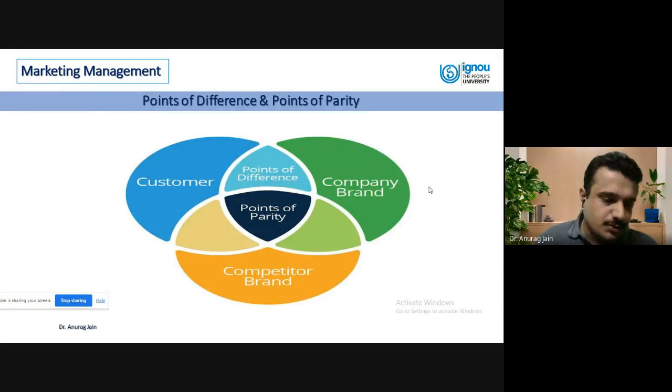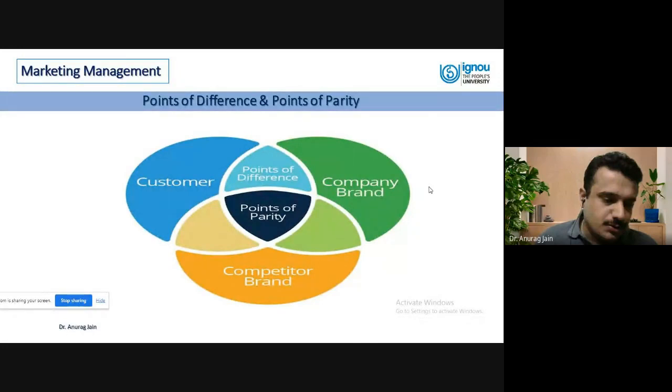Now, I'm using the terms product and brand together here, because now you understood both of these. If you want your product and brand to have a strong market presence, you should have more points of difference in your product, and at least a few points of parity similar to your competitors.